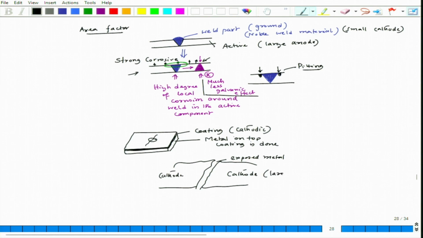So this is a large area, here also a large area, and this particular part is a small anode, fine. Now, this particular area will be undergoing corrosion.